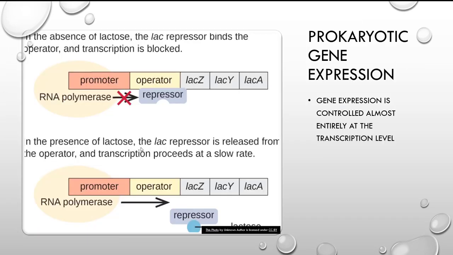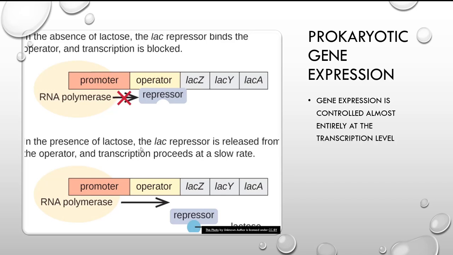Okay, so let's take a look at, again, prokaryotic gene expression, which is controlled almost entirely at the transcription level. If we take a look at this bacterial cell, here's an example of E. coli.